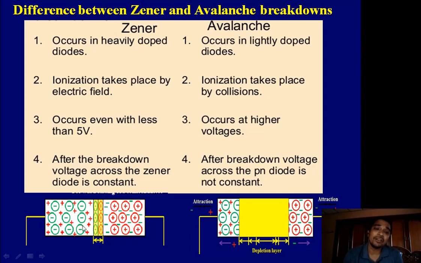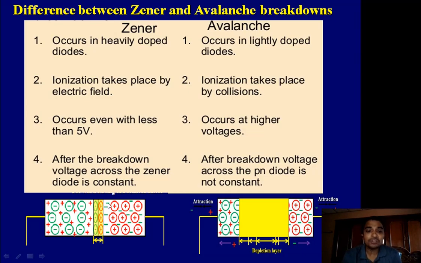What happens if you have a strong electric field inside this region? This strong electric field will create electron hole pairs by detaching electrons from covalent bonds. So the number of electron hole pairs will be increasing.